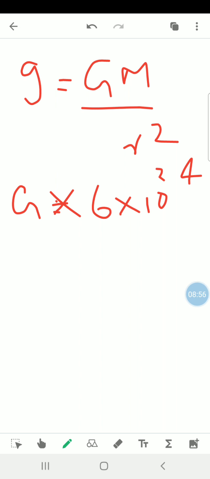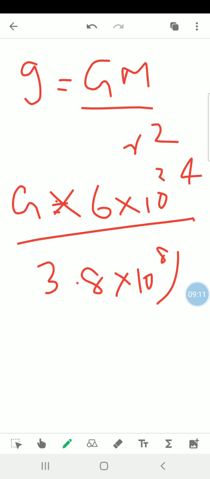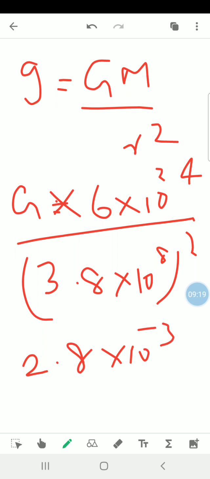They are asking what is the gravitational field strength caused by the Earth at the point where the moon is, divided by the separation, 3.8 into 10 to the power 8, squared. You get your answer to be 2.8 into 10 to the power minus 3 newtons per kilogram.